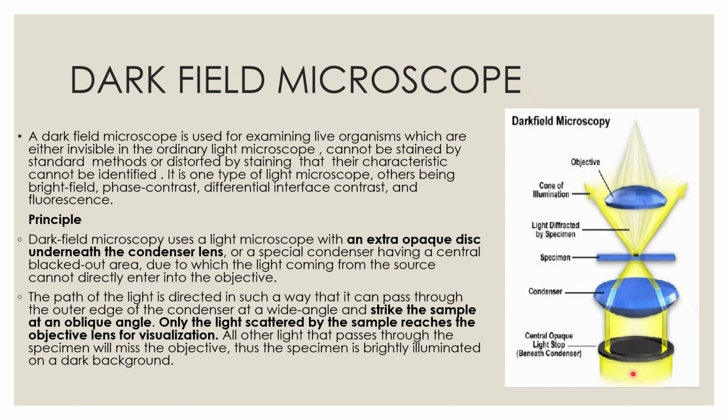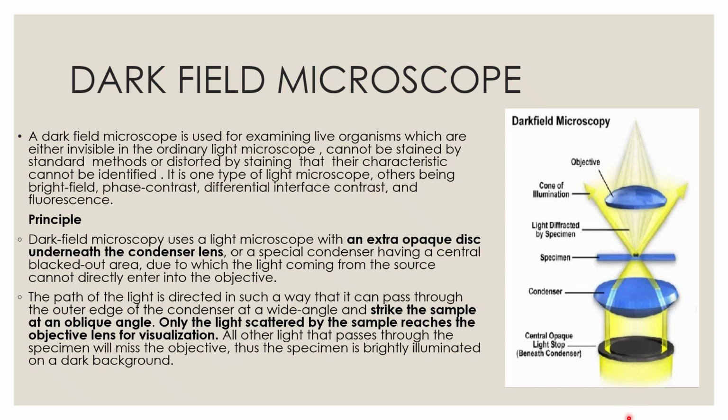As you can see here, this is the disc which is circular in shape. There is a blocked out region in between and also a blocked out region around the disc. You can see the black portion over here. This is the blocked out region and the outer thing is also the blocked out region. Blocked out region means the light cannot pass through.